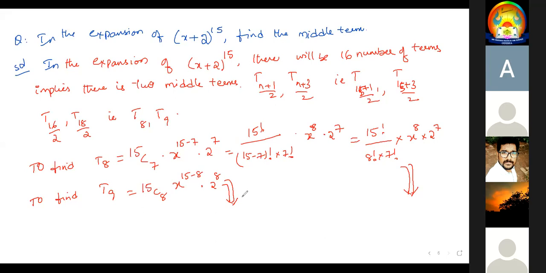Since it is an even number, there will be two middle terms, T n plus 1 by 2 and T n plus 3 by 2. That is 15 plus 1 by 2 and 15 plus 3 by 2. So the middle terms are the 8th term and the 9th term. After getting the middle terms, now you know how to find the 8th term and the 9th term. Please complete that.